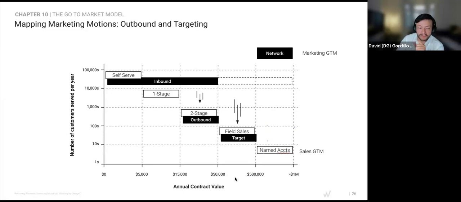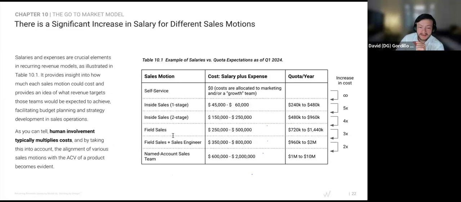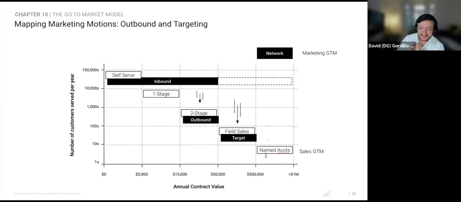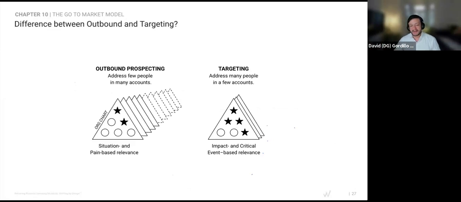this range. Also, as I mentioned before, when we're talking about field sales or anything towards the right, it means that you will need to have BDRs and SDRs that are more senior, meaning people that are able to hold a conversation with C-level people on the buy side.